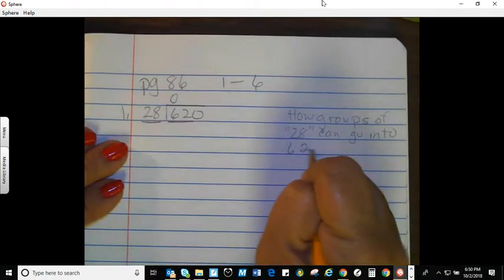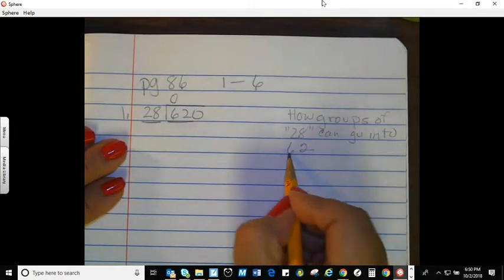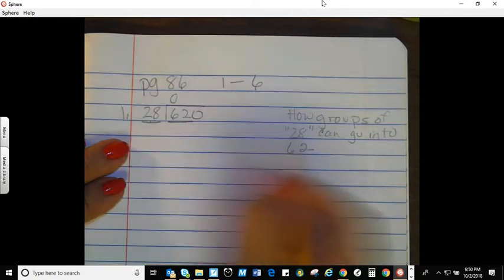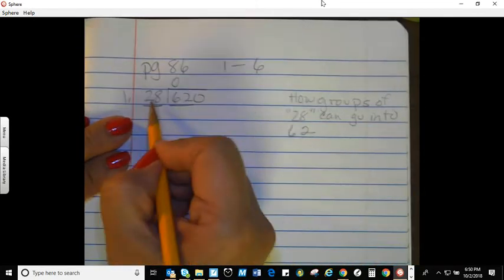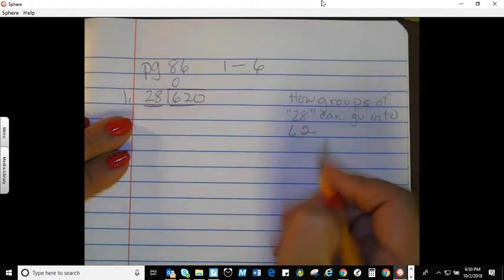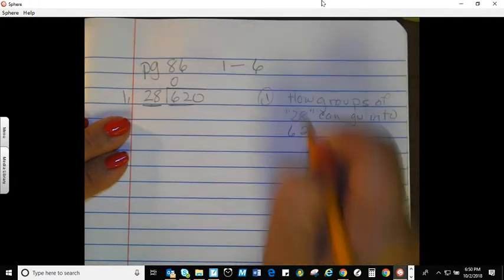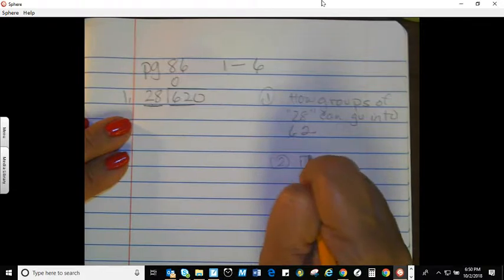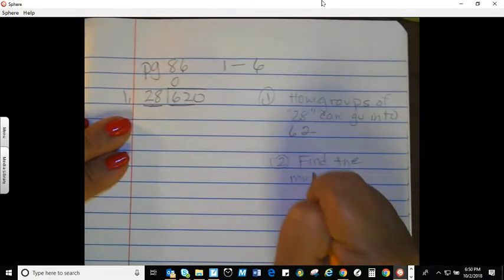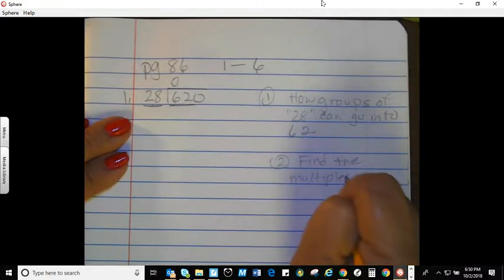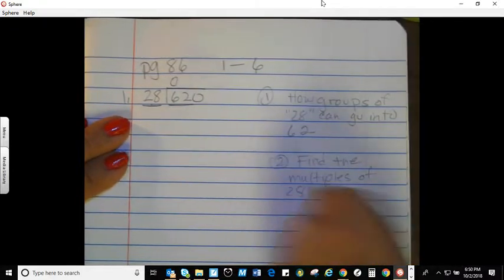So now I ask myself how many groups of 28 can go into 62? Well, 62 is larger than 28, so now the next step, I need to find the multiples of 28. That's the same as skip counting.